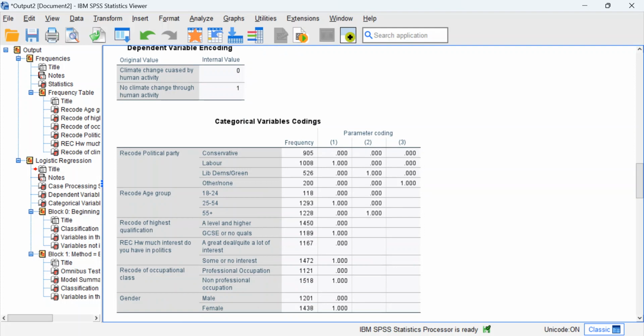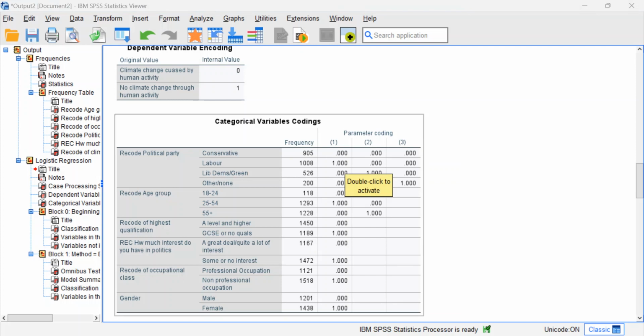All of our variables are categorical. In order to fit a categorical variable, we need to have a reference category. And the way that our modelling works is that we compare each of the other categories against the reference category.